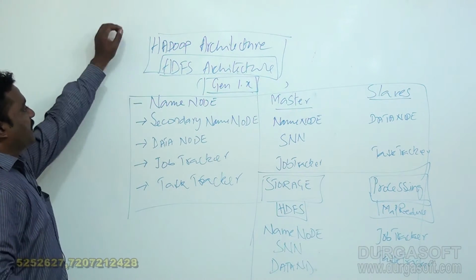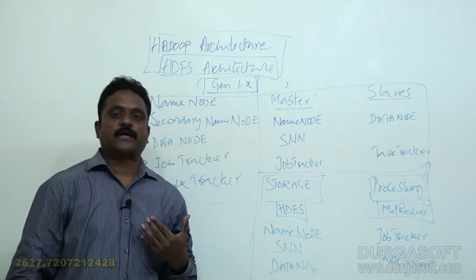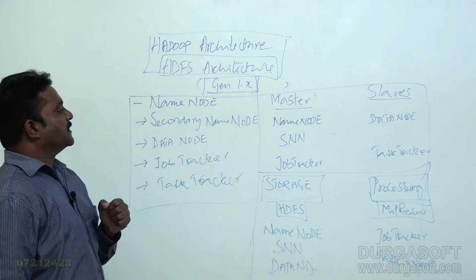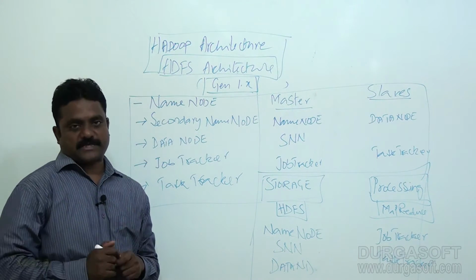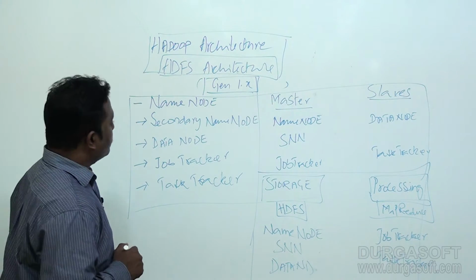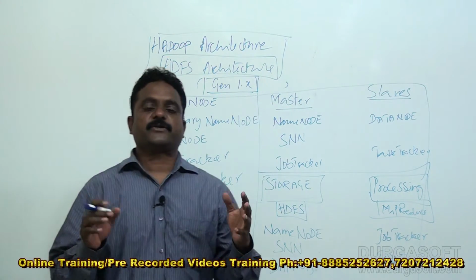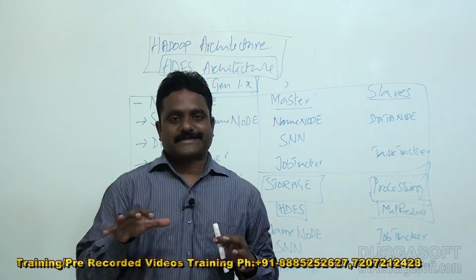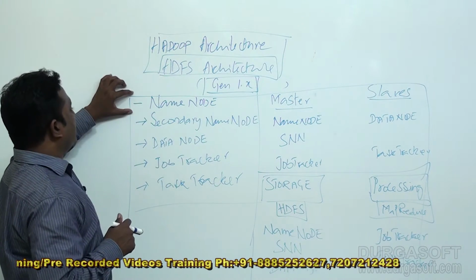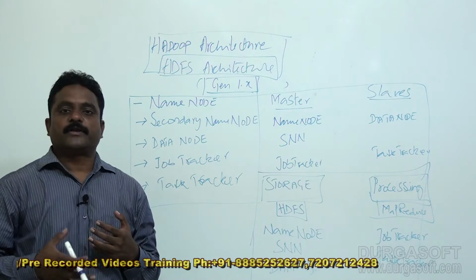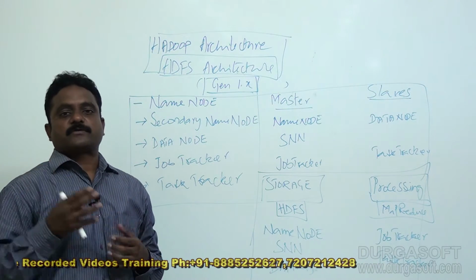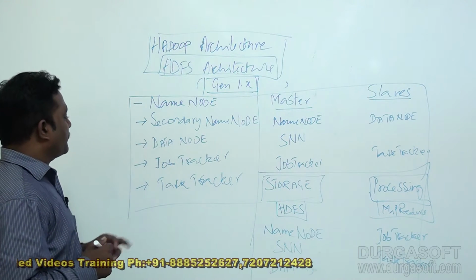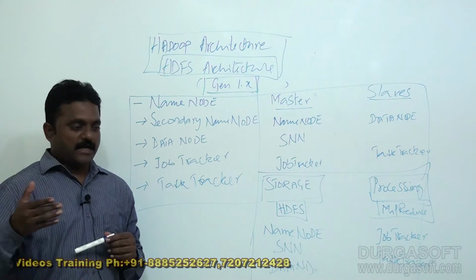Once again, we are studying the architecture of generation 1 Hadoop, the 1x version. It is designed on a master and slave architecture. In this architecture, you have master and the rest of the daemons or nodes can be called slaves. Whenever you start Hadoop on your cluster, you would see 5 processes being run: name node, secondary name node, data node, job tracker and task tracker.